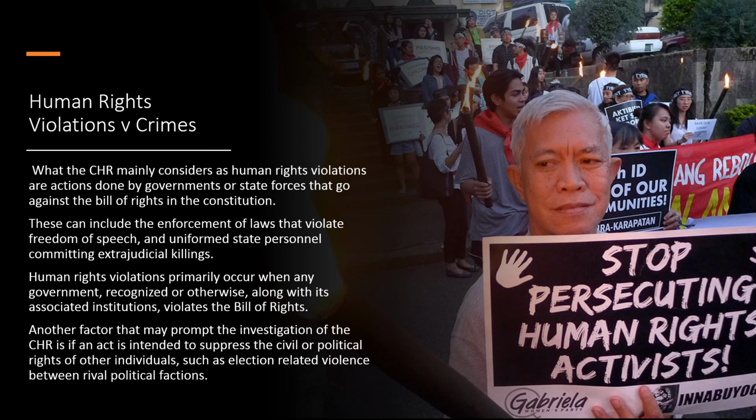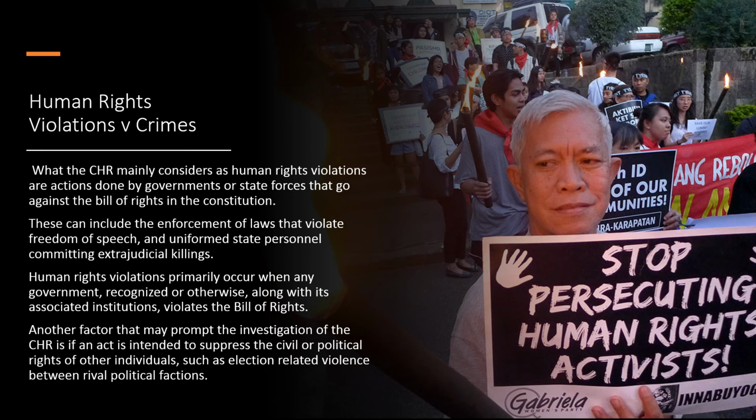Now, it may be noticed also that the horrors during World War II and martial law were committed by the government or state forces. What the CHR mainly considers as human rights violations are actions done by governments or state forces that go against the Bill of Rights in the Constitution, as I mentioned earlier. That is why some people confuse it with crime.